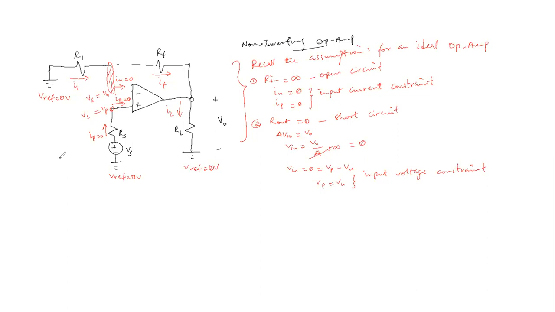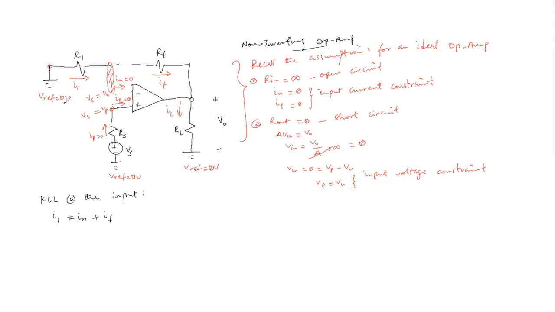So KCL at the input: I sub 1 flowing into the node is the same as I sub N, which flows out, plus I sub F.